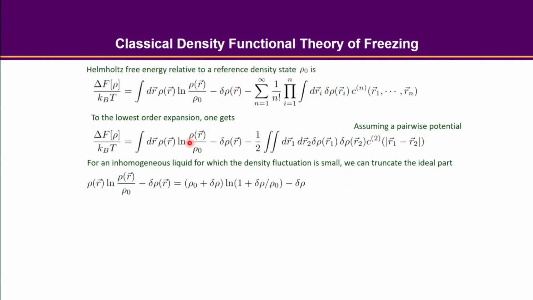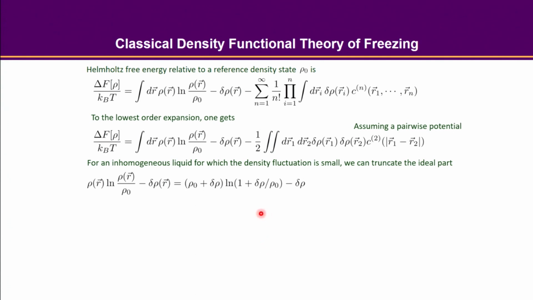So if delta rho is much less than rho naught, I can expand the log of rho of R over rho naught, right? So what I'm doing here is just dealing with this ideal part only. This rho of R, I can write as rho naught plus delta rho. And rho of R divided by rho naught gives me 1 plus delta rho divided by rho naught, right? Okay, and minus delta rho is after here.